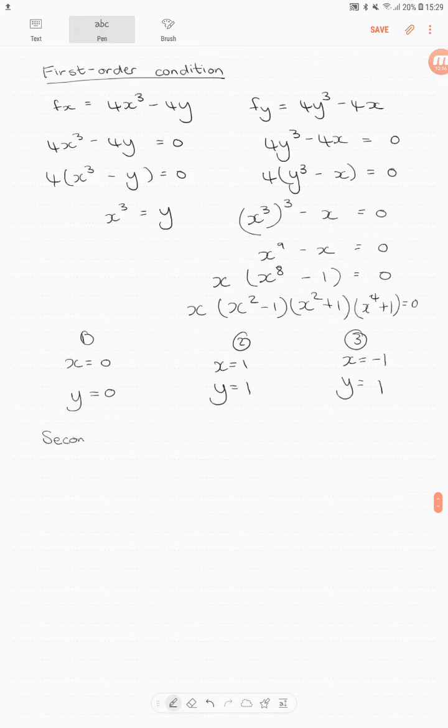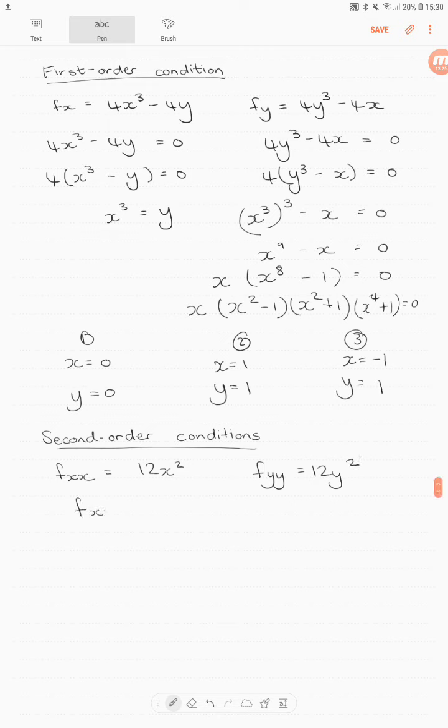Now our second order conditions. So we need fxx, that is equal to 12x squared. We need fyy will be equal to 12y squared.